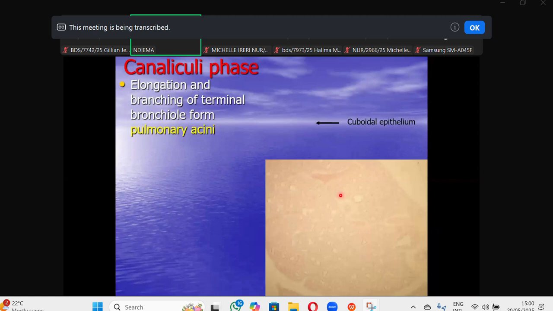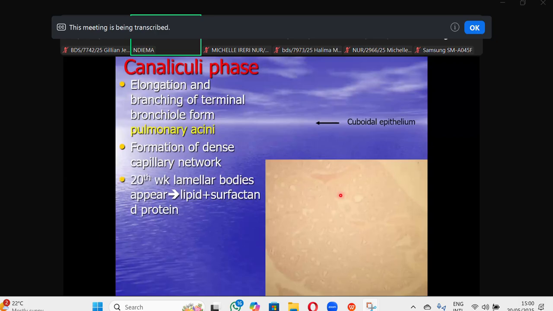So at the canalicular stage, we have elongation and branching of the terminal bronchiole to form pulmonary acini. You remember pulmonary acini? The functional unit of the lung. That is formed at the canalicular stage. And then the connective tissue around it eventually reduces.